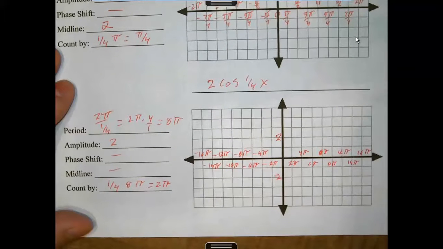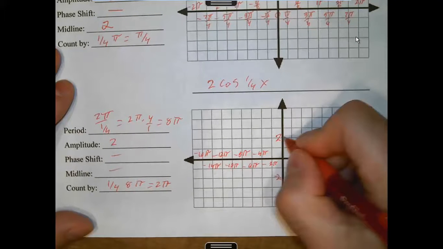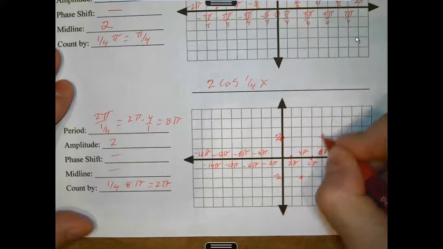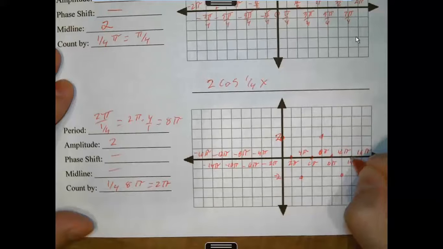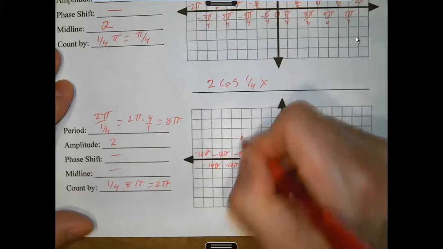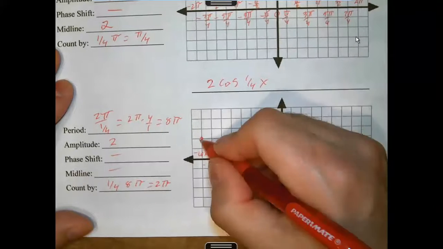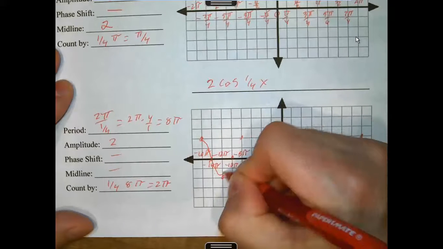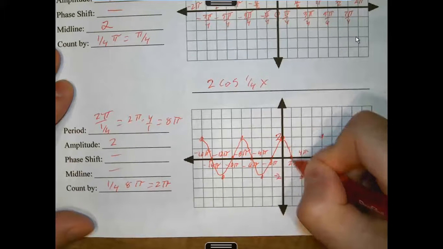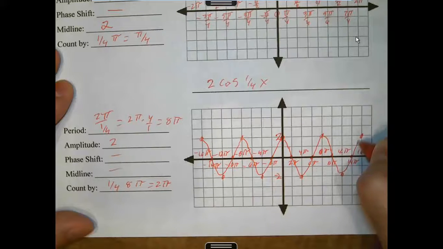Okay. This is cosine. So cosine starts at the amplitude. It's a regular cosine, so I start at the positive amplitude, x-axis, negative amplitude, x-axis, positive amplitude, x-axis, negative amplitude, x-axis, positive amplitude. Connect the dots with a wave. And there is the exit slip.